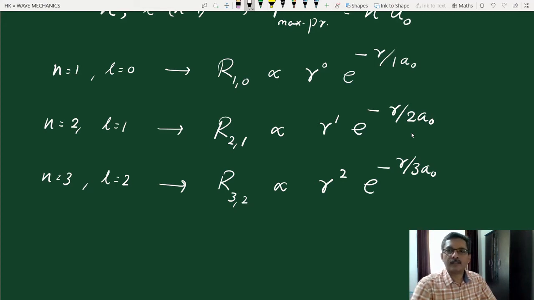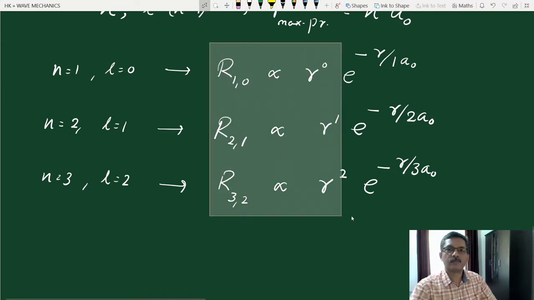If you are referring to Kenneth Krane, look at the third edition. It lists the first 10 or so wave functions, and look at the radial wave function for these three cases: 1s state, 2p state, and 3d state. The radial wave function shows this type of symmetry.